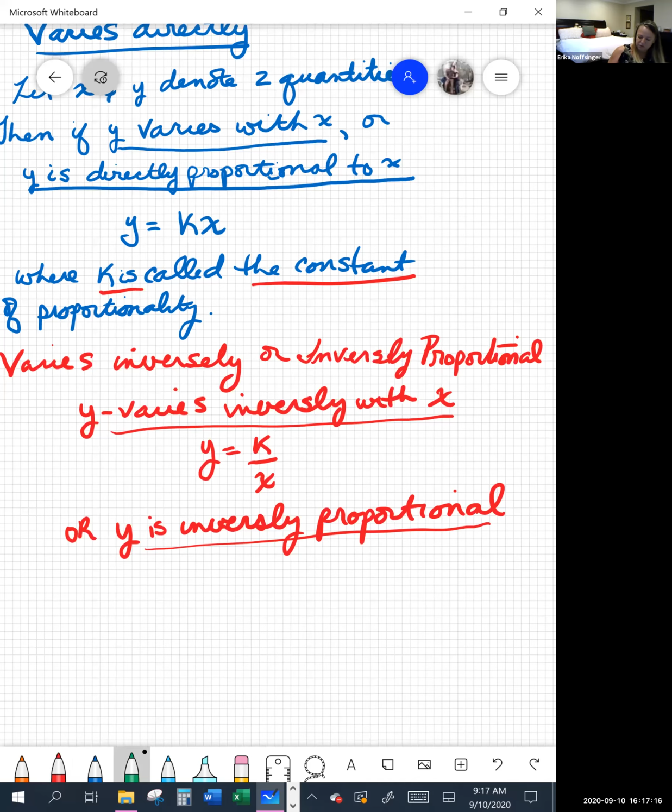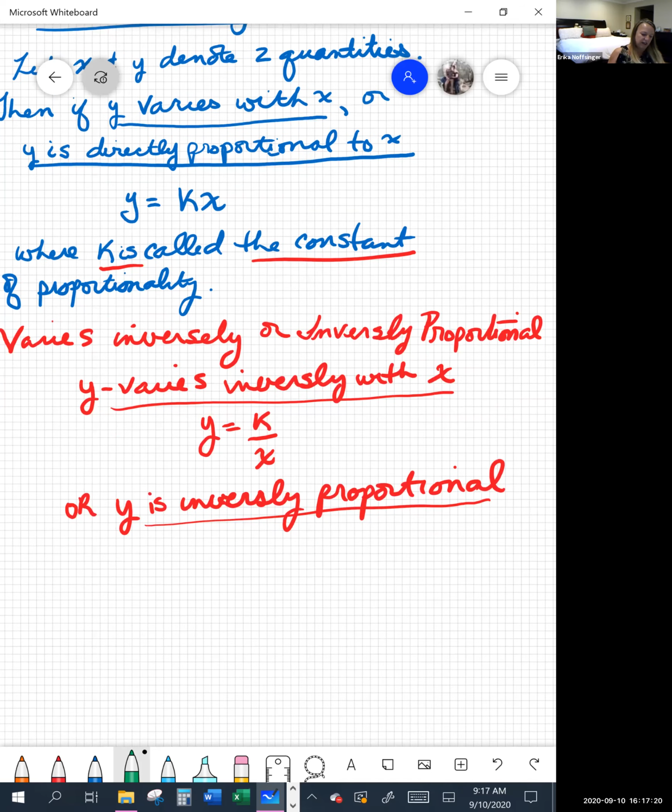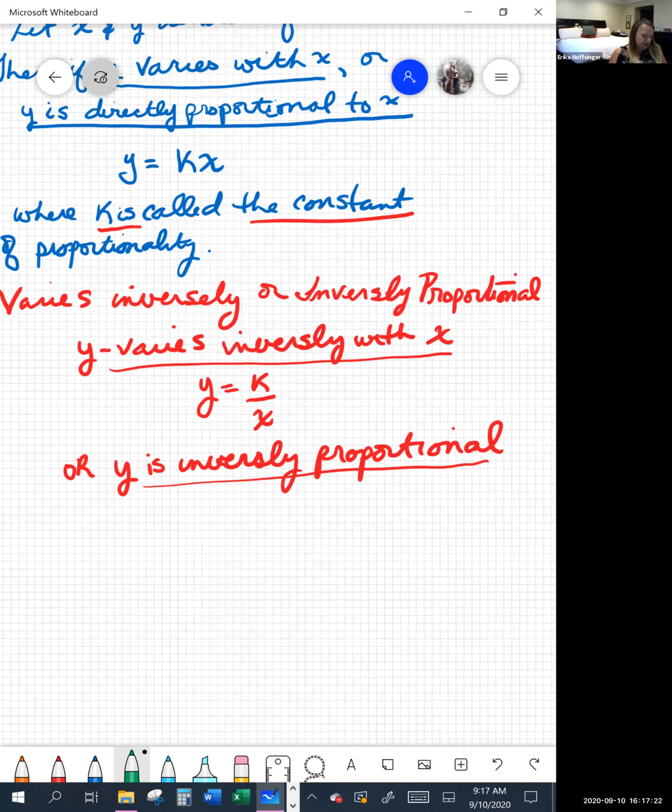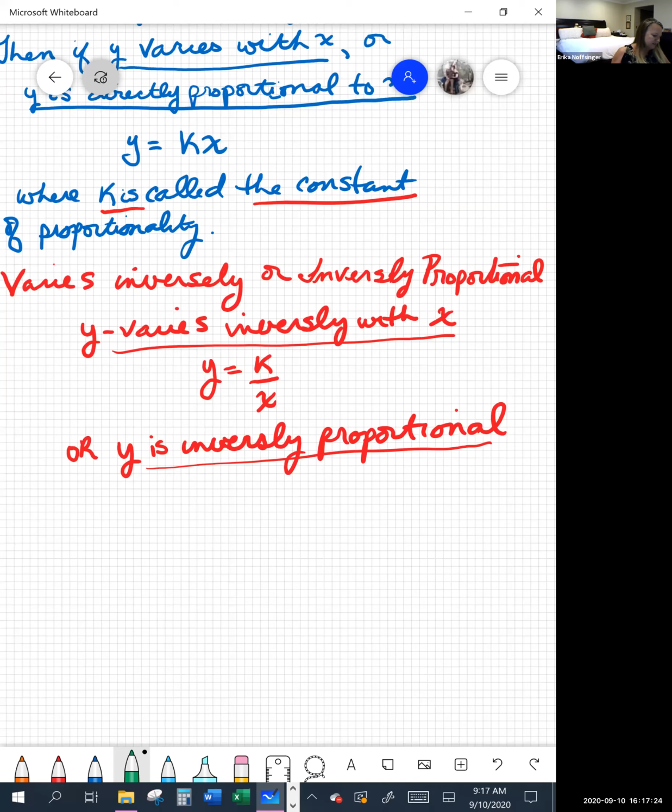And then the last one is Y can vary jointly with two values or more than two values. They didn't write one down, but let me do it anyway.